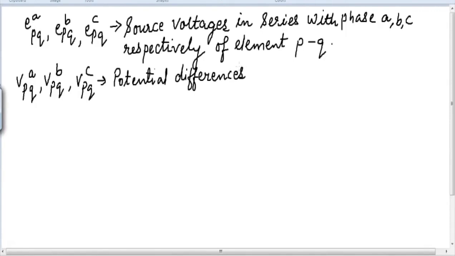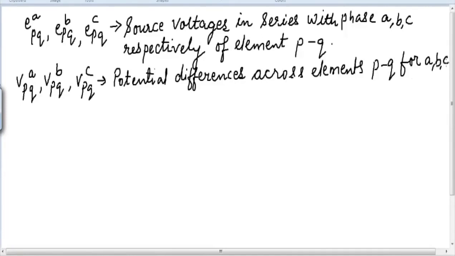It may be asked in the MCQ type questions. So you have to note all these things. Okay. As we are writing for these phases, we have to write these phases also.